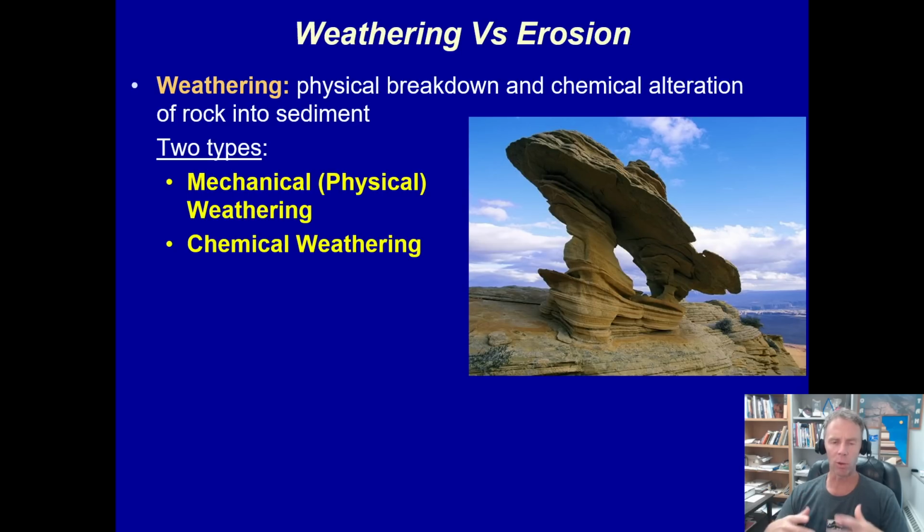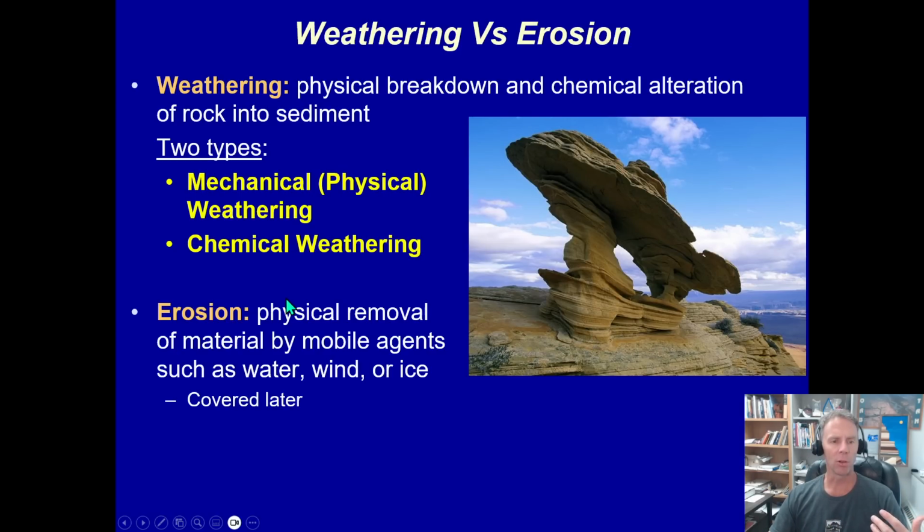Once the rock is broken down into sediment, that sediment can be transported by a variety of mechanisms, and those are processes of erosion. So weathering is the breakdown of rock, and erosion is the transport or removal, the mechanism that actually moves that sediment into some other location.